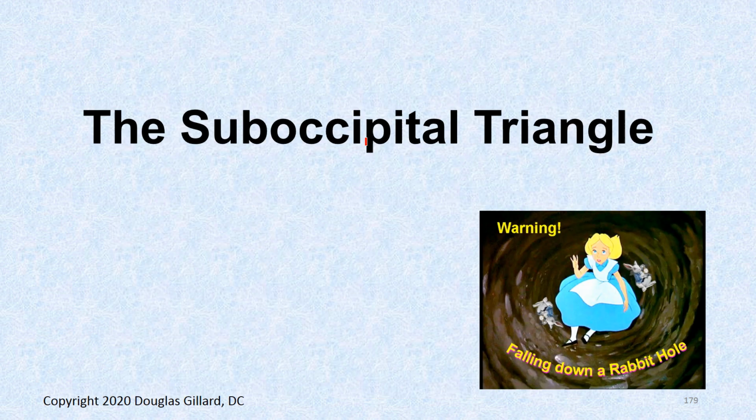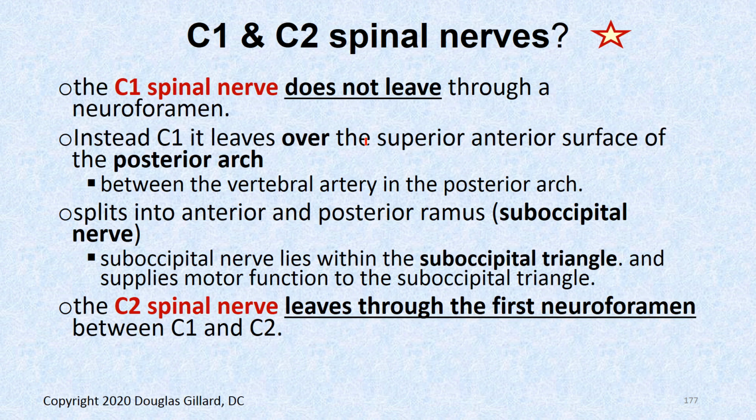All right, let's see where we're going to stop here. Well, we'll just do one more thing here. C1 and C2 spinal nerves are always interesting. Chronic headaches are associated with irritation of these nerves. The C1 spinal nerve doesn't have a hole to come out through. The C2 comes out between C1 and C2 neuroforamen, but there is no neuroforamen between C1 and occiput.